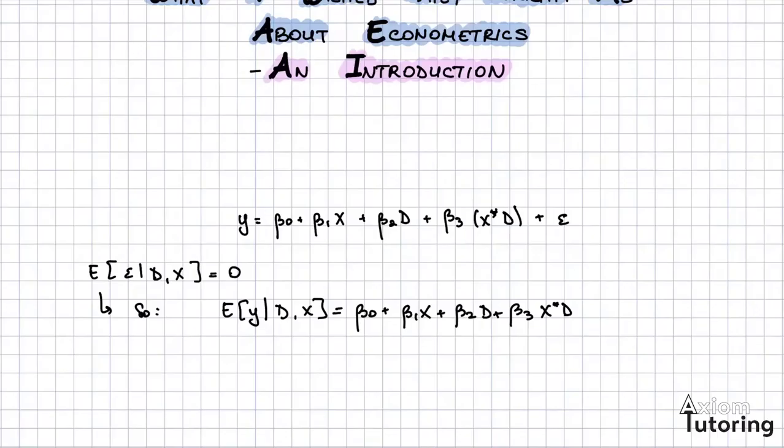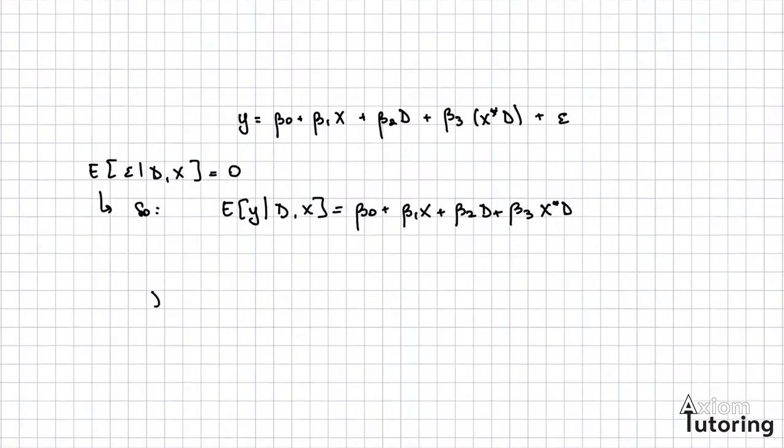Now let's take the marginal effect of x to find the effect of x on y. If we take the derivative of y with respect to x, that should give us simply beta 1 plus beta 3 d, as these two terms are the only ones that actually contain the x. Anything else that doesn't have the x disappears, okay?